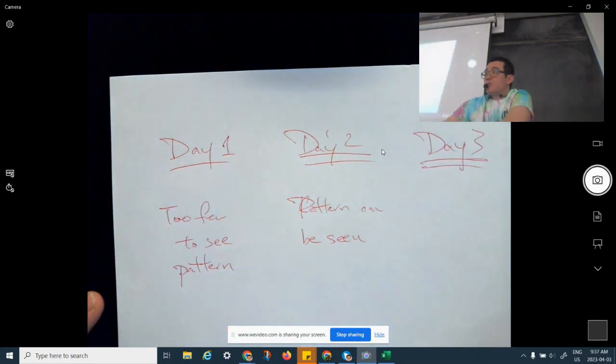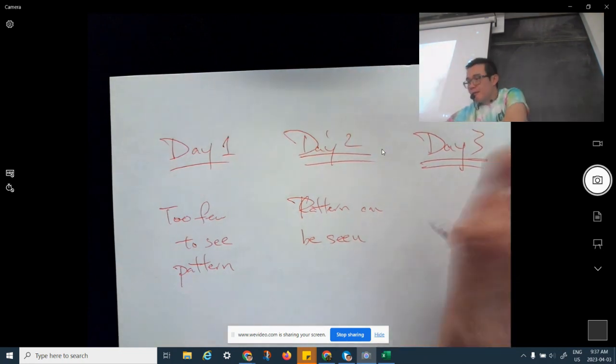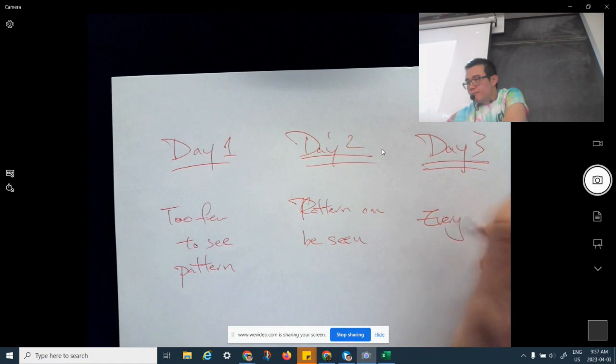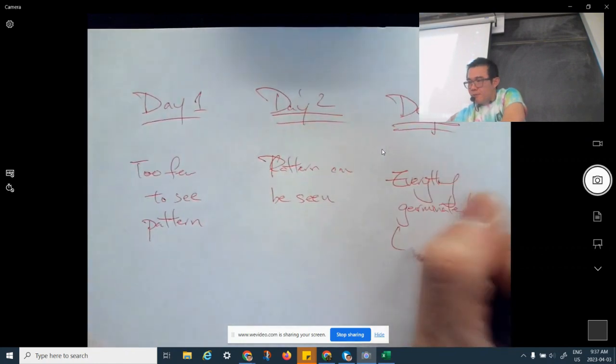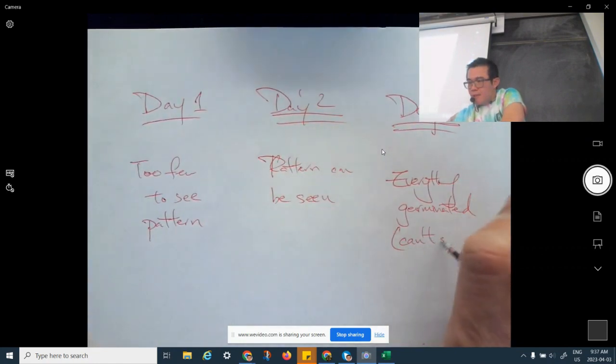Oh crap, everything germinated. So because everything germinated, it's really hard to see a pattern. Okay, everything germinated. Can't see pattern.